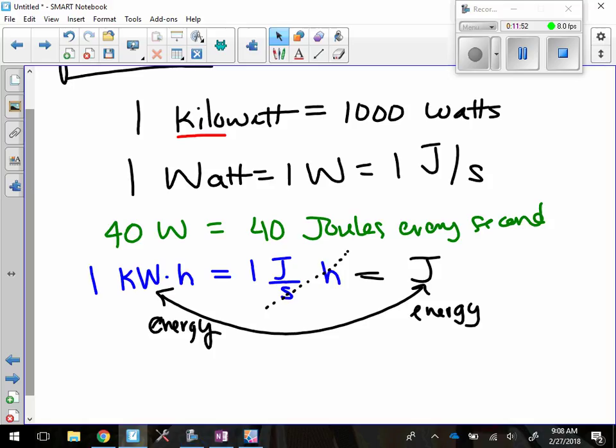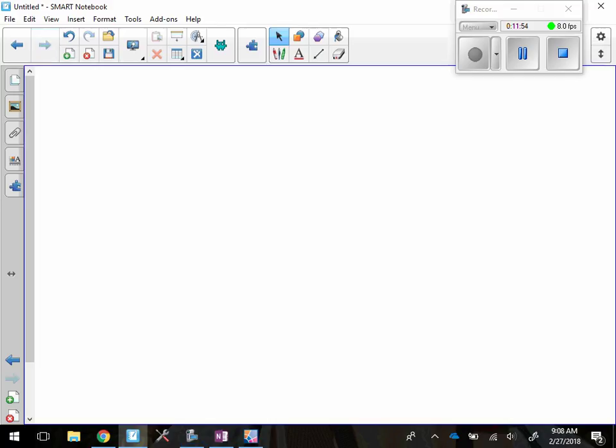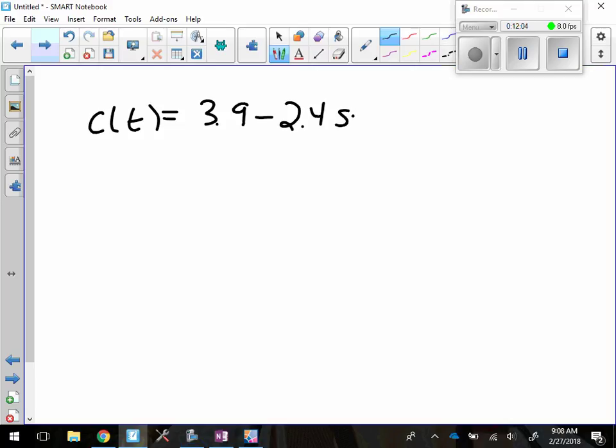Okay, real world, we're talking applications. So now let's talk about that formula that they gave us. So they said that C of t was equal to 3.9 minus 2.4 sine pi t over 2, where t is measured in hours after midnight.